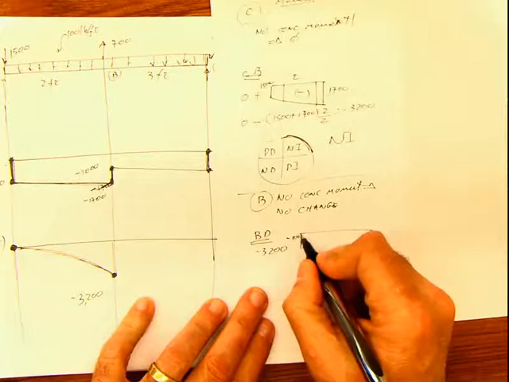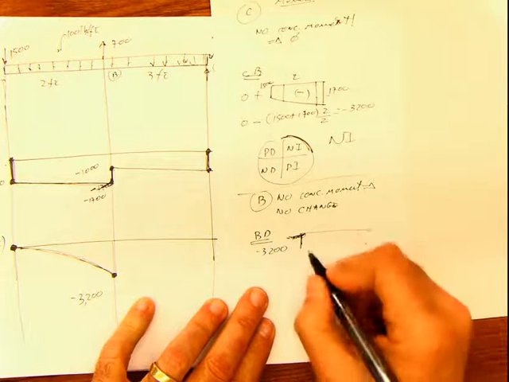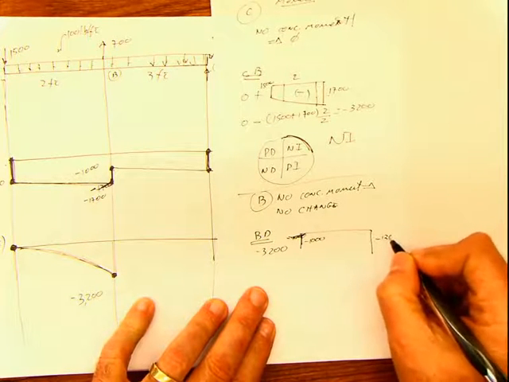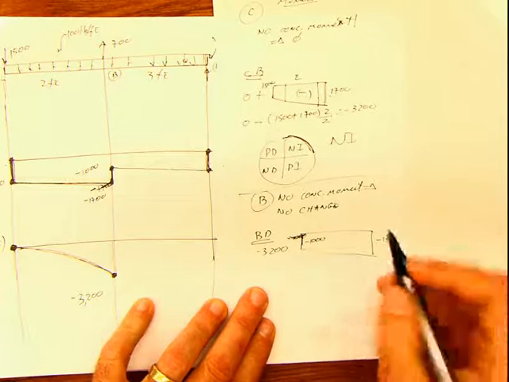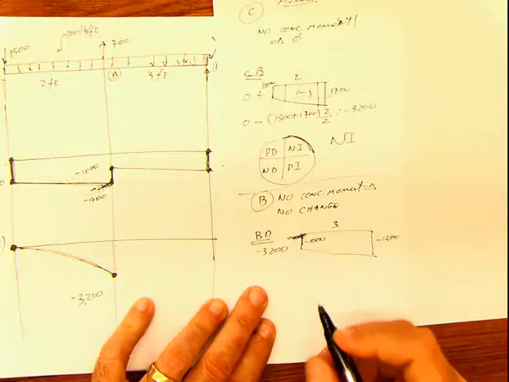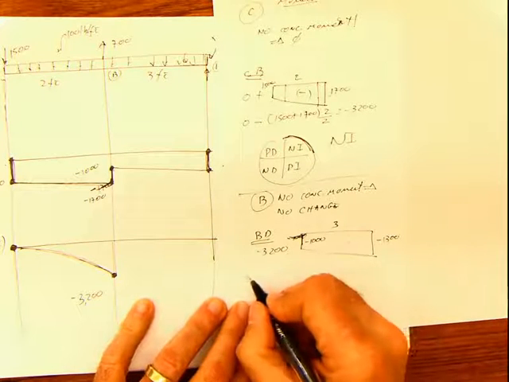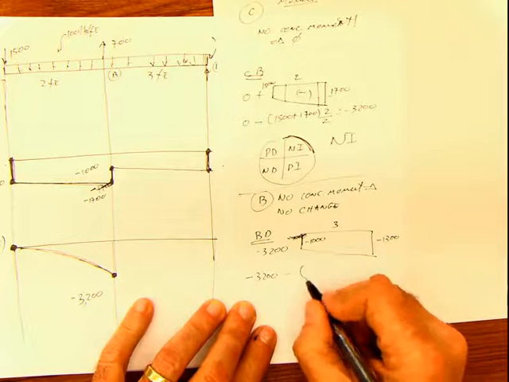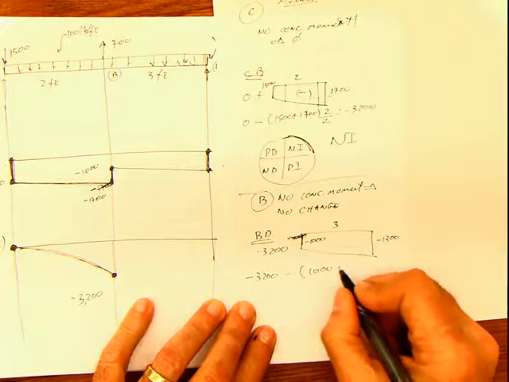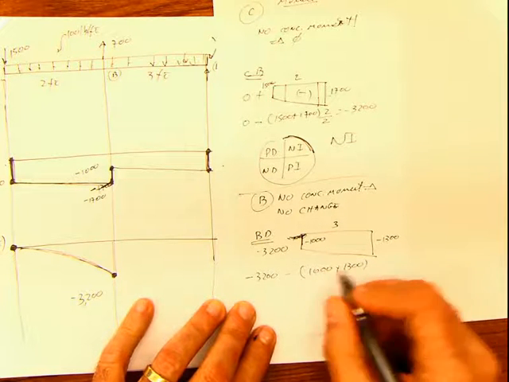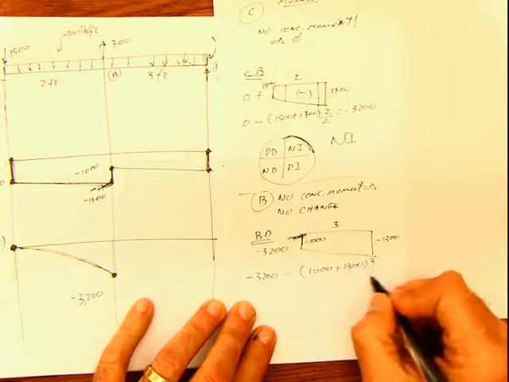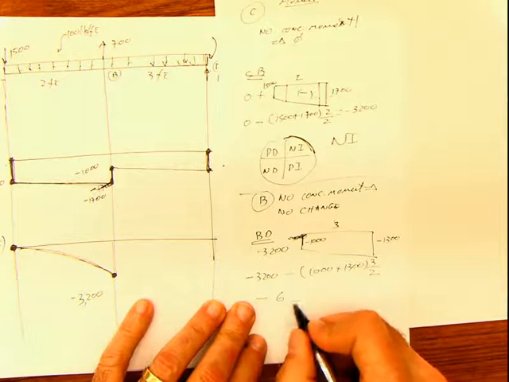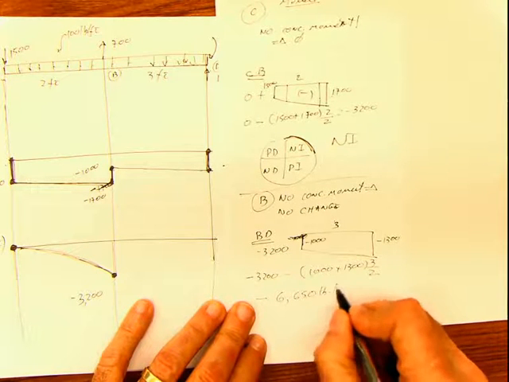Negative 1000 at this end, negative 1300 at this end, and this distance is 3, and it's negative, remember, so it's going to be negative 3200 that comes from the diagram minus this area, and this area is (1000 plus 1300) times 3 divided by 2, and this is negative 6650 pounds-foot.